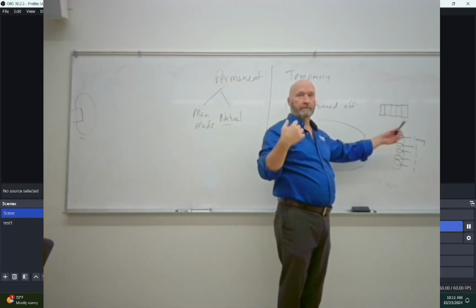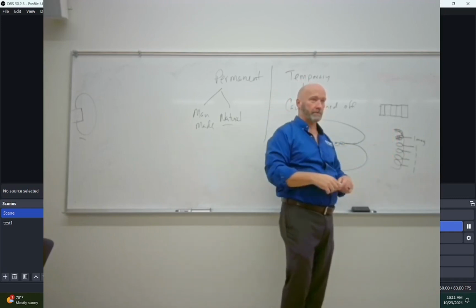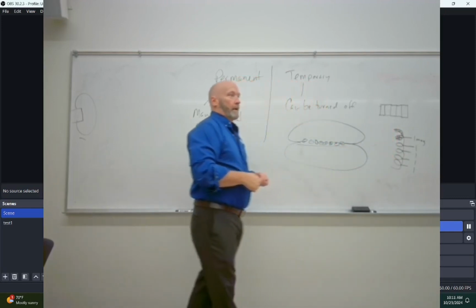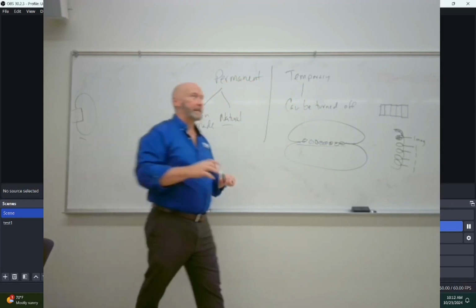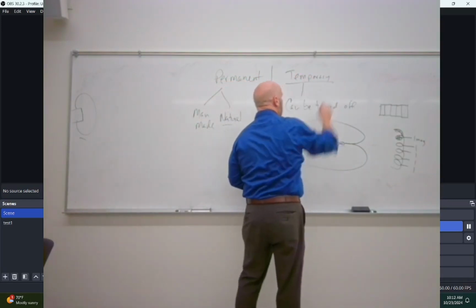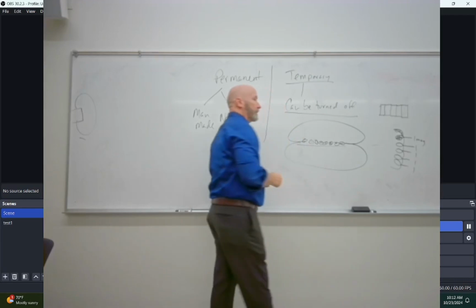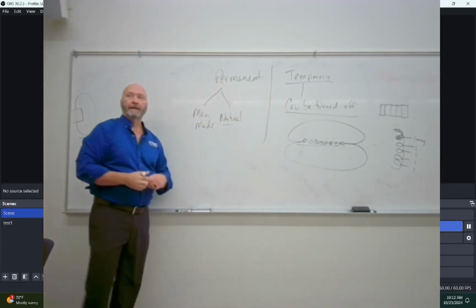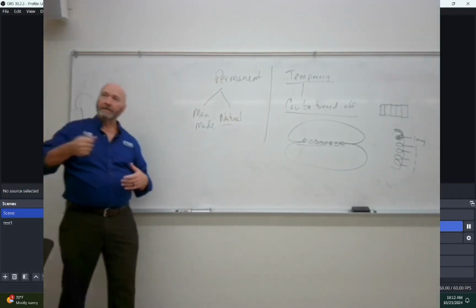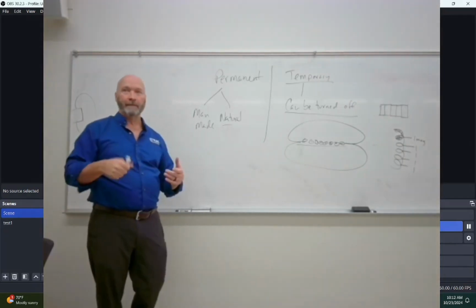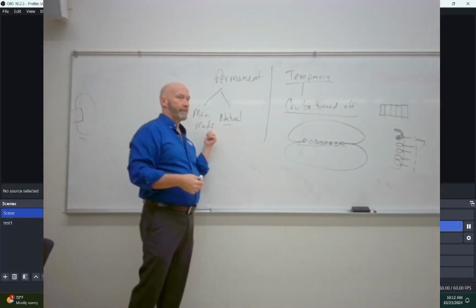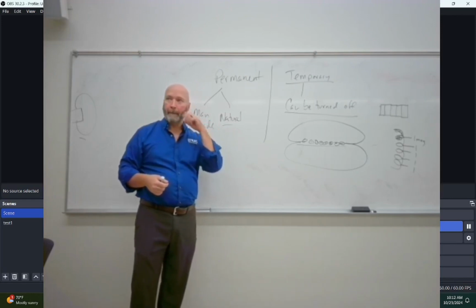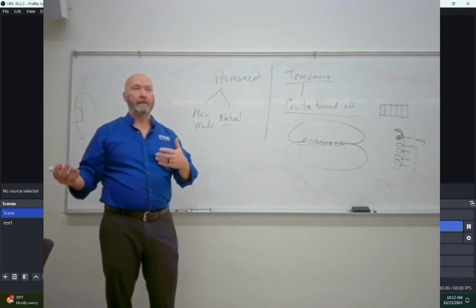Flip a switch and magnetism goes away and it just drops in the shredder. Okay, so the distinguishing characteristic of a temporary magnet is this, that it can be turned off. All right. Even if a blacksmith hammers it, you can beat it back into not being magnetic, we're still going to call that a permanent magnet. Okay, because you can't predictably turn it off.